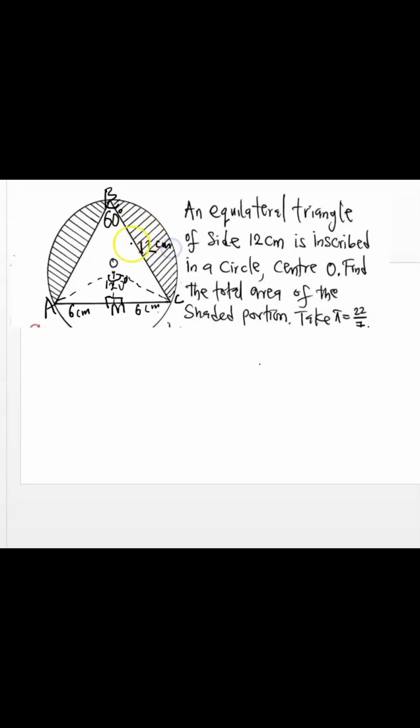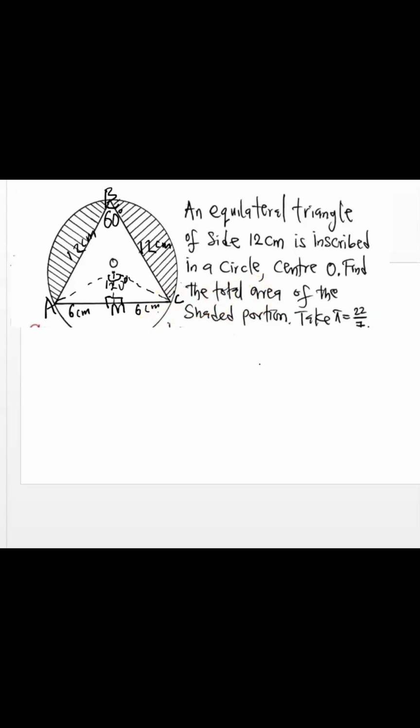And if this side is 12 centimeter, this side is also 12 centimeter. So these are the complete information that is given, and with this now you can proceed to find the total area of the shaded portion.